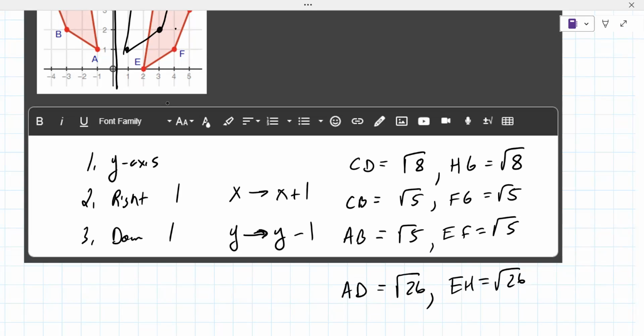That probably is enough there for that. All right, got it.